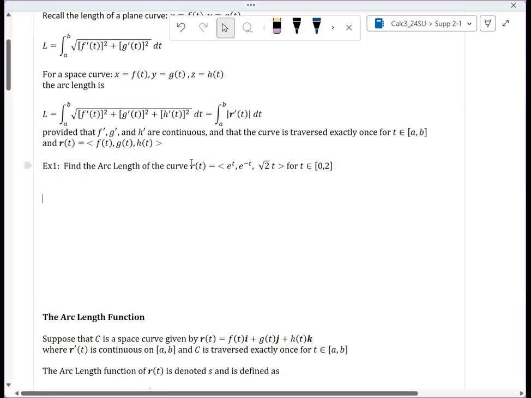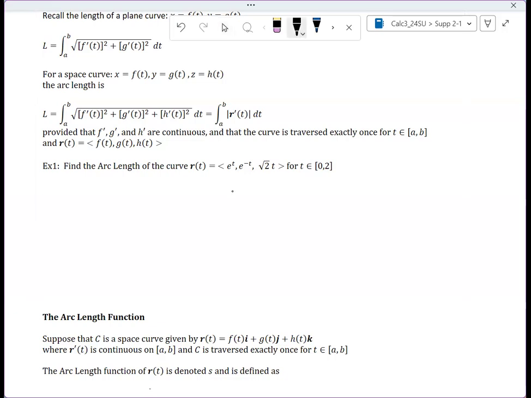So let's take a look at example 1 here. Here we have a curve r of t equals e to the t, e to the negative t, square root of 2t. This curve is parameterized for t in 0 to 2, and we want to find the arc length of this curve. So let's start by finding the integrand, finding the square root. We'll simplify that down first, and then we'll take the integral. So I need the square root of f prime squared plus g prime squared plus h prime squared. My first component, e to the t, I take its derivative, it's e to the t, and I square that.